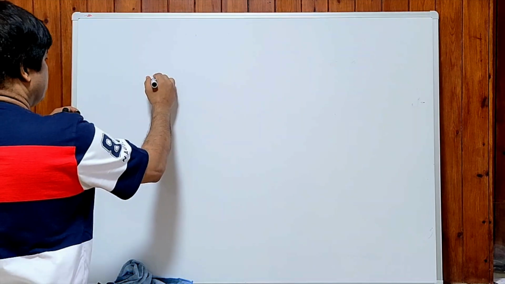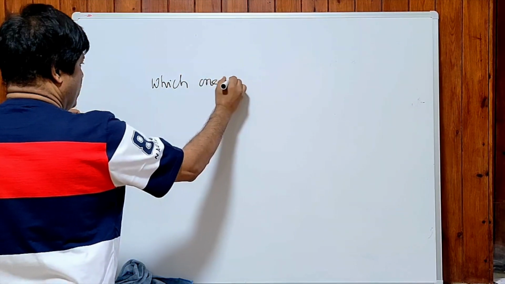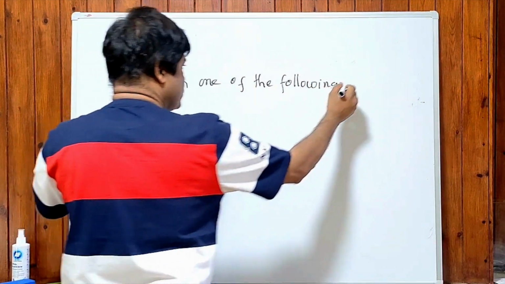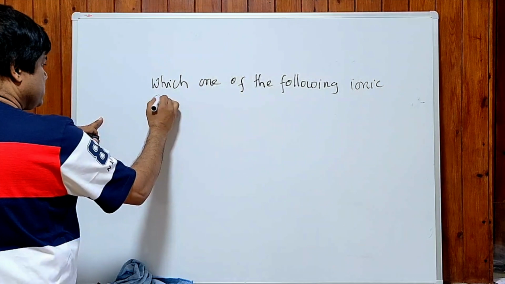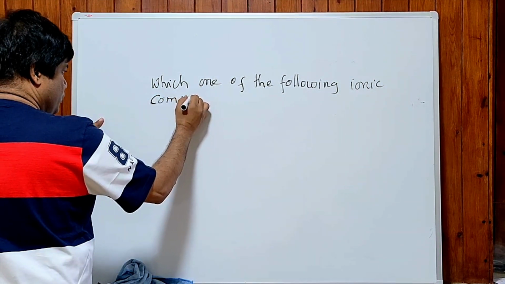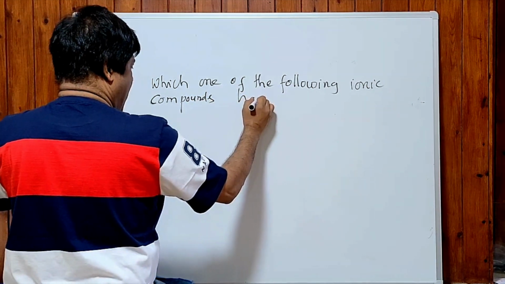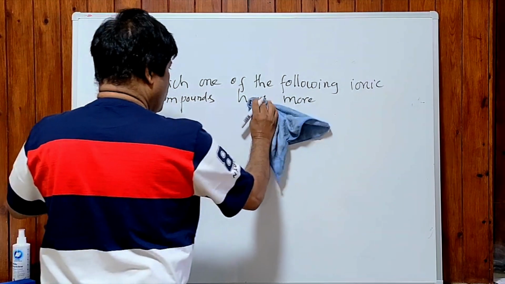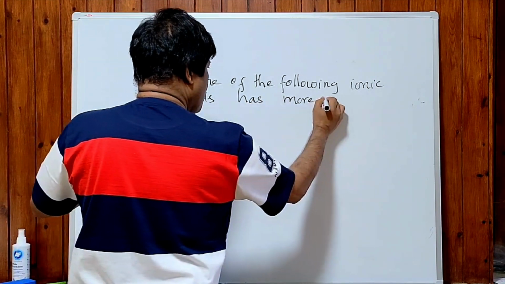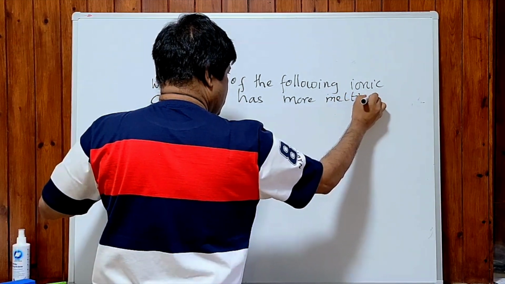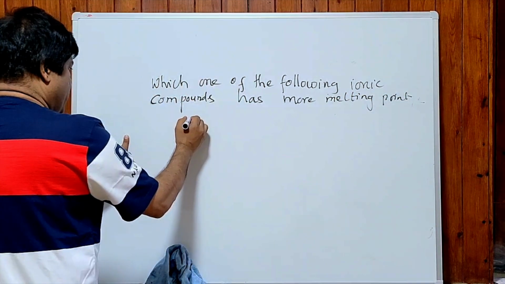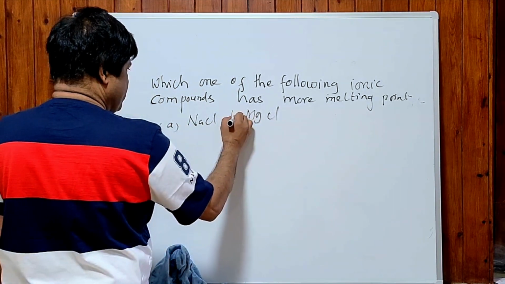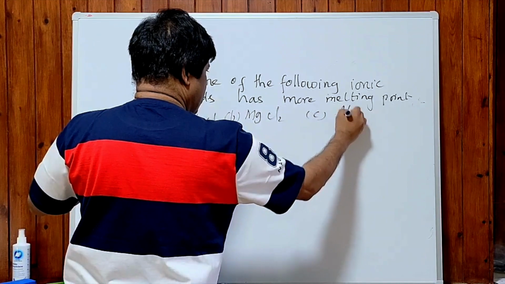Which one of the following ionic compounds has the higher melting point? A: NaCl, B: MgCl2, C: AlCl3.